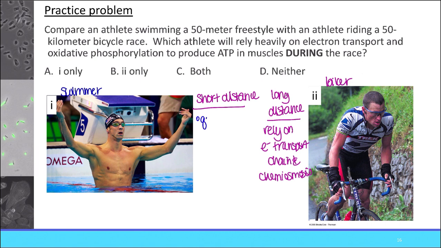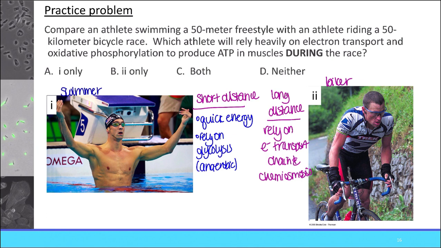On the left, for the swimmer, Michael Phelps, he's swimming a short distance. He needs quick energy. The easiest and fastest way to get quick energy is to rely on glycolysis, which is, of course, an anaerobic pathway. Even though it's not efficient, it gives him that quick energy that he needs to swim that 50 meters.